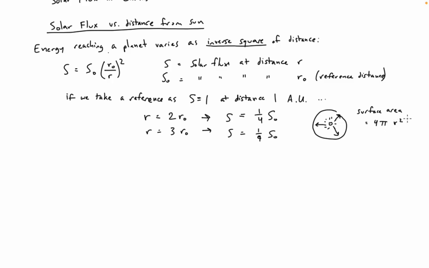So it comes from this square term there. All the energy that's coming at this point in time, there's a certain amount of energy, and when you stretch that out to some later point in time, it's the same amount of energy, but it's been stretched out into this much larger space.